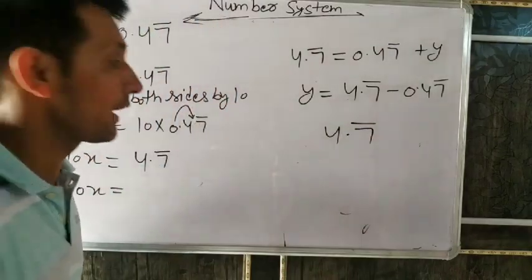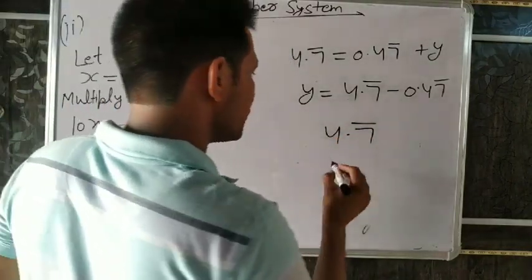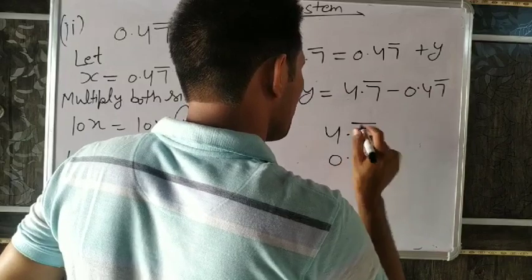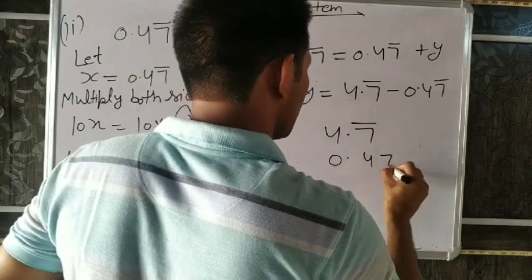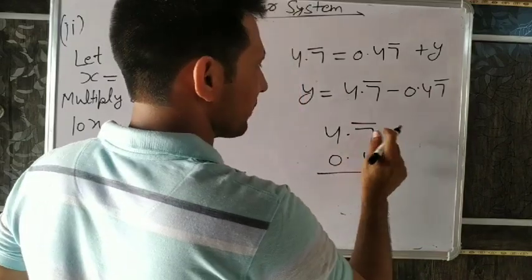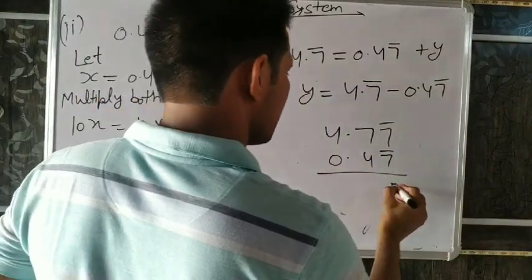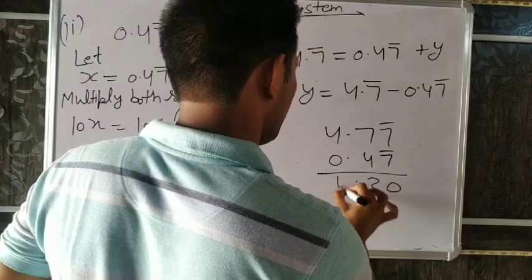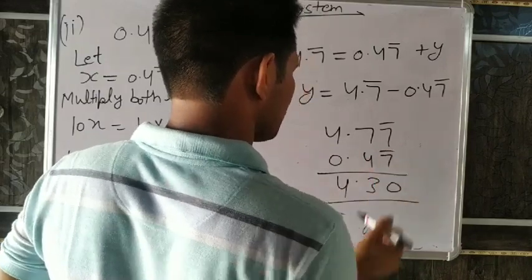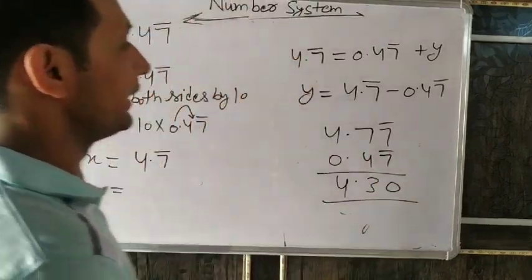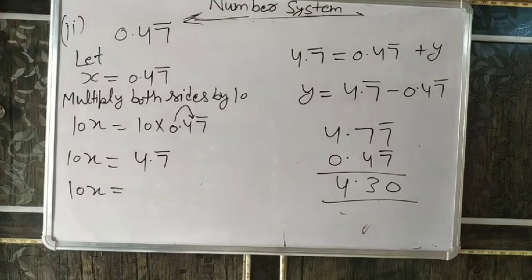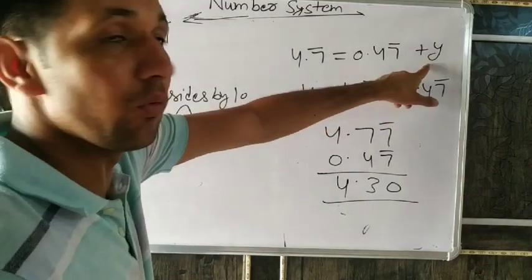Whenever we subtract or add decimals, keep them in the same line. 7 bar means 7, so 7 minus 7 is 0, and 4.7 minus 0.4 is 4.3. What is the value of y? 4.3.